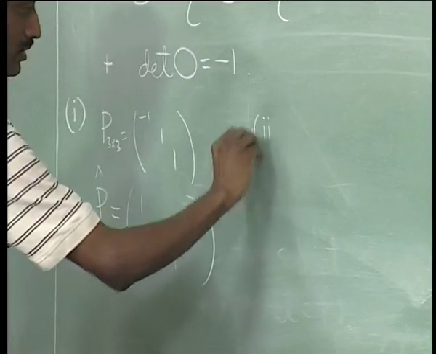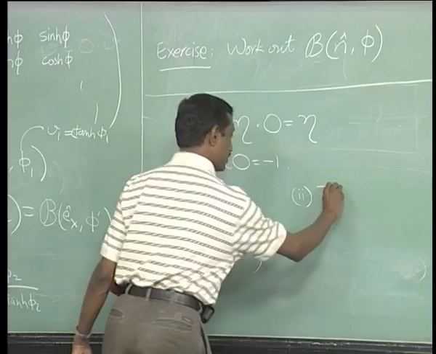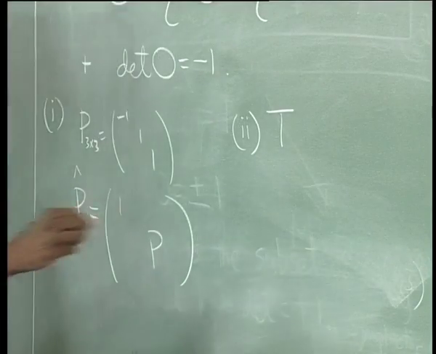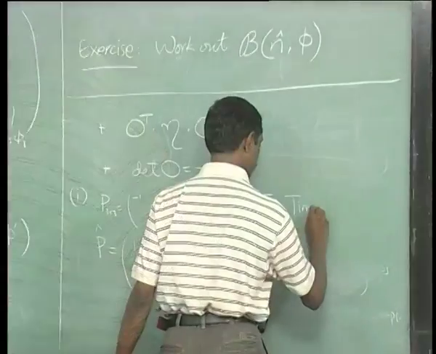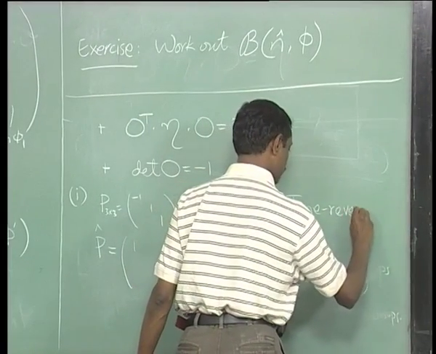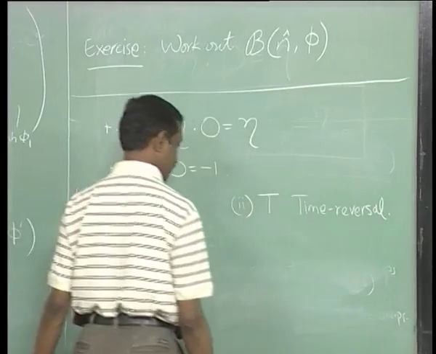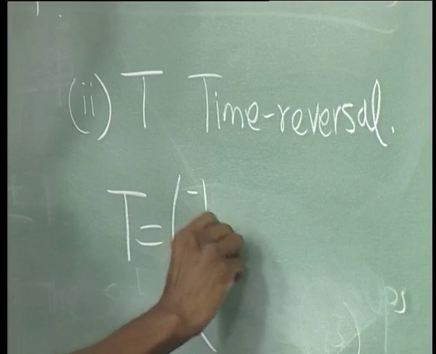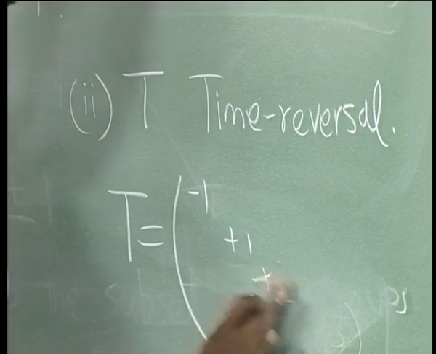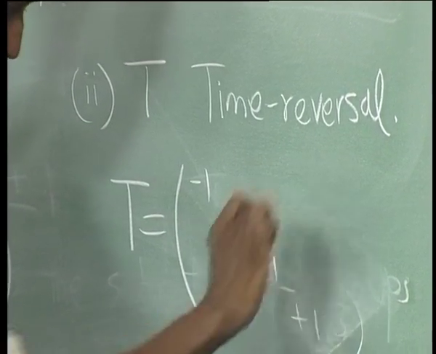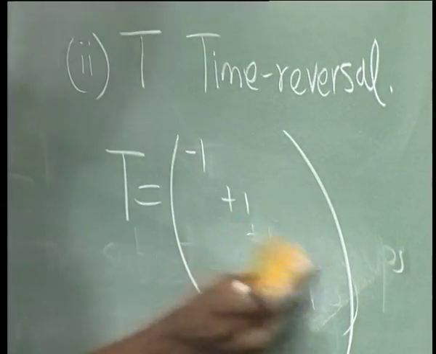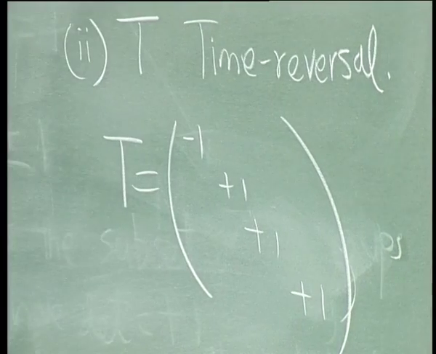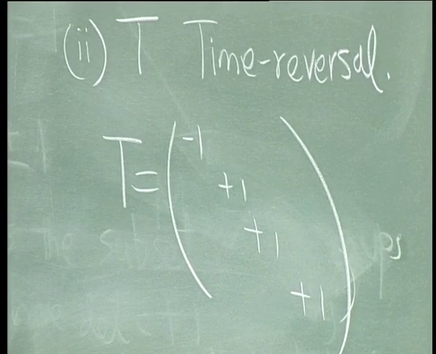The second example is what we will call T, which is time reversal. And T would be the reverse, it inverses time.